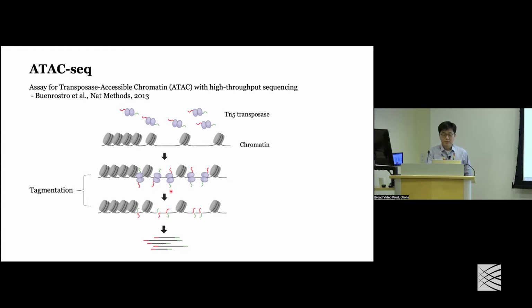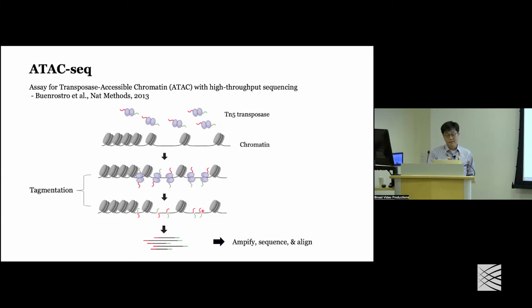These fragments are then collected, amplified, sequenced, and finally aligned to the reference genome to figure out which regions are really open. There are a couple of things to note from this figure. First, not all fragments created by Tn5 transposase are actually amplified and sequenced.